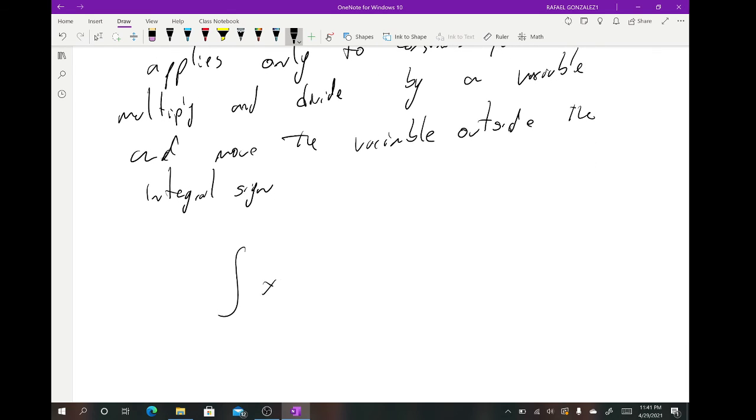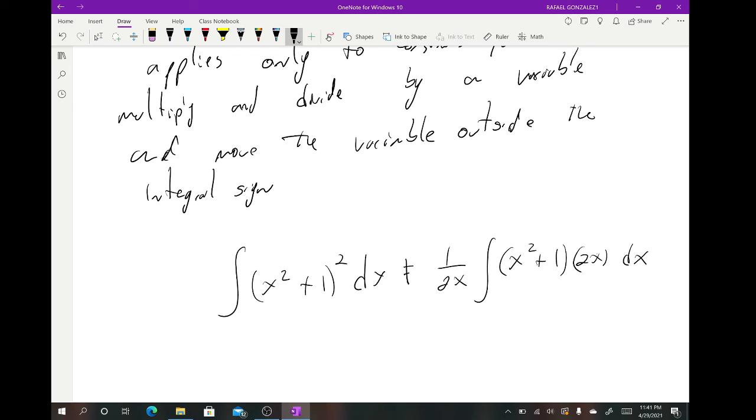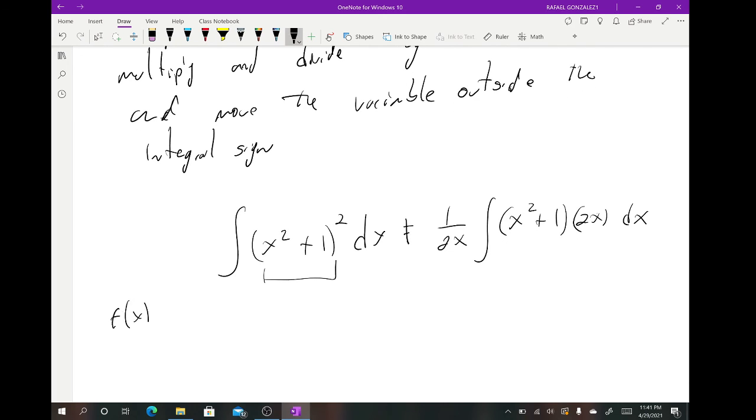You cannot do like the integral of x squared plus 1 squared dx. It's not the same thing as 1 over 2x times the integral of x squared plus 1 to the 2x dx. What I did here was, I cannot take the antiderivative of this, because if you notice here, f of x is still x squared, g of x is still x squared plus 1, and g prime of x is 2x, but I don't have a 2x at all in here.